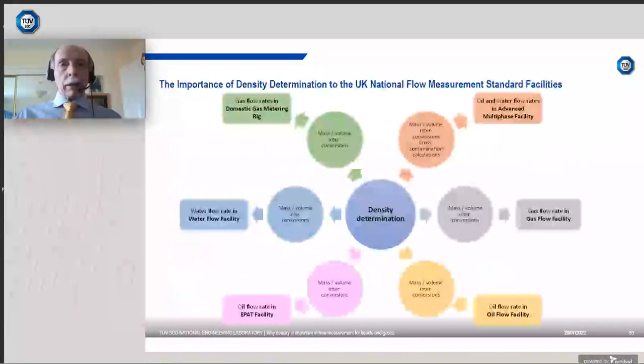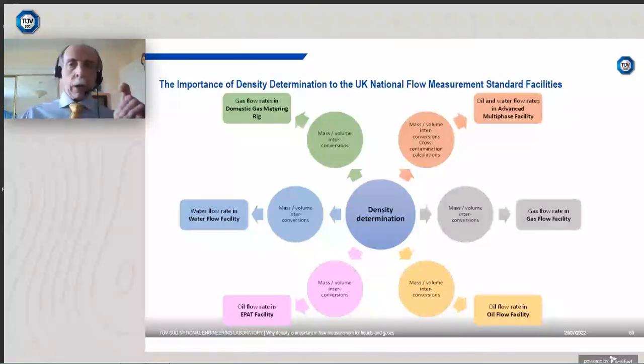And finally, just to put it into context within the UK National Flow Measurement Standards, in his introduction, John mentioned that these webinars are sponsored by BASE, and we also are part of the National Measurement System, which is funded by BASE. That provides the UK National Measurement System overall.